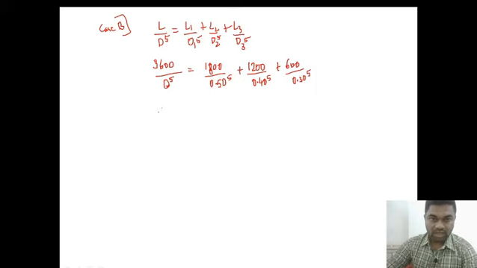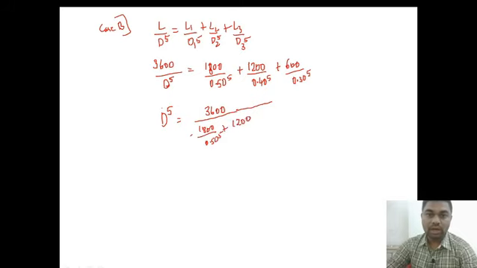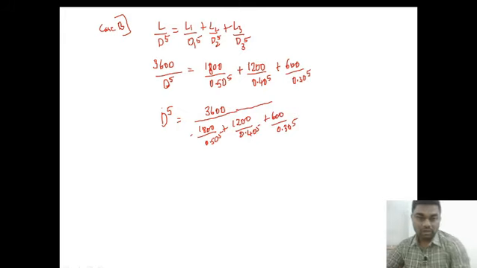Just solve this. D to the power of 5 is equal to 3600 divided by 1800 by 0.50 whole to the power of 5 plus 1200 by 0.40 whole to the power of 5 plus 600 by 0.30 whole to the power of 5.